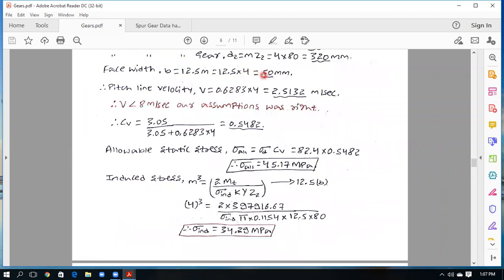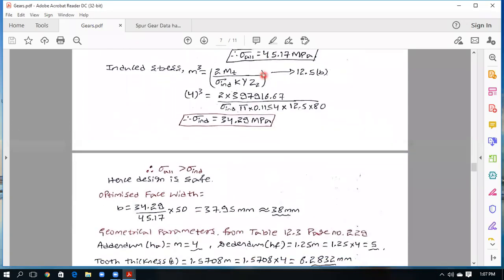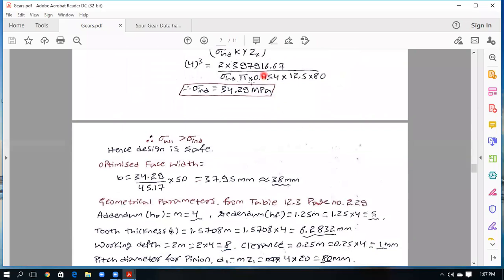From that, you are going to get the optimized face width according to the design requirement. And for further calculation, you have to use the optimized face width.